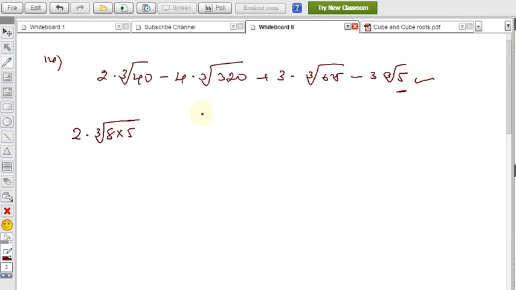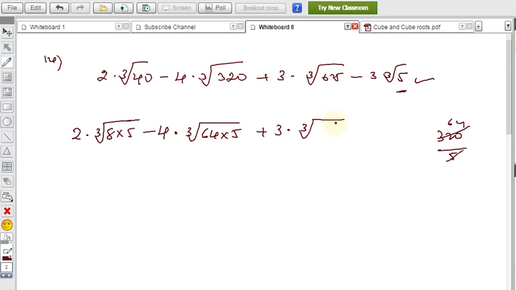Minus 4 into cube root of 320, also 5 into something. 320 divided by 5 is 64. So 64 into 5, plus 3 into cube root of, this is also 125 into 5, minus 3 into cube root of 5.